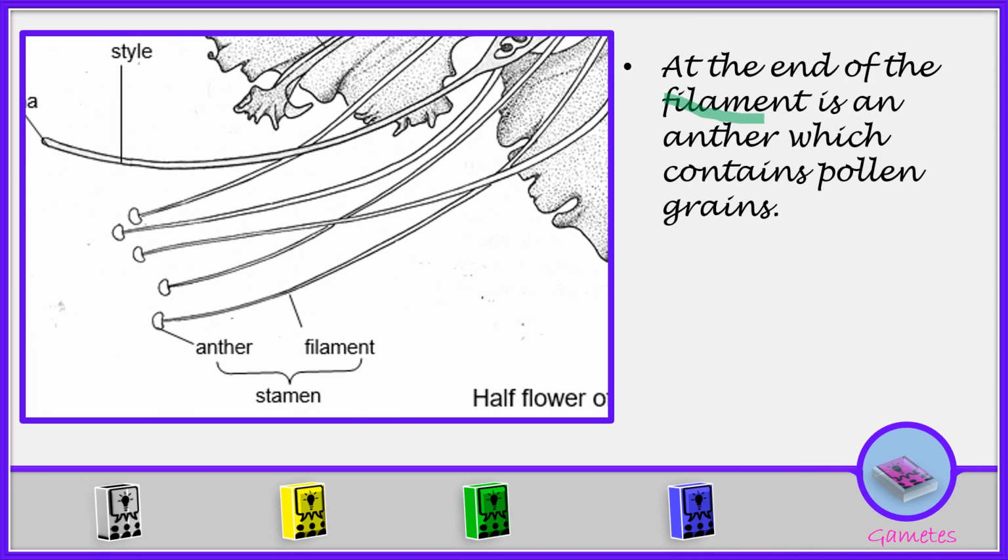At the end of the filament are the anthers that contain pollen grains. So we have seen that these are our filaments, but at the end of the filament there is this round structure which we are calling the anther, and in the anther is where we find the pollen grains.